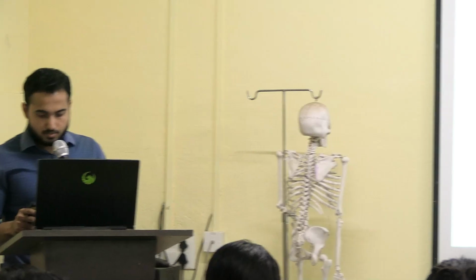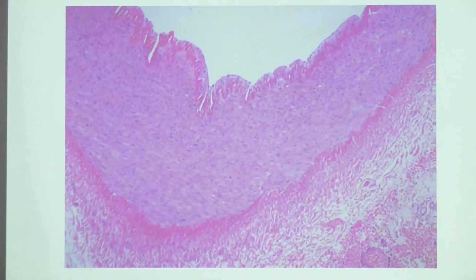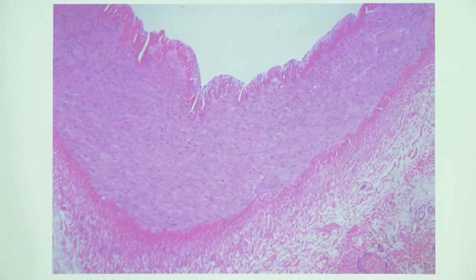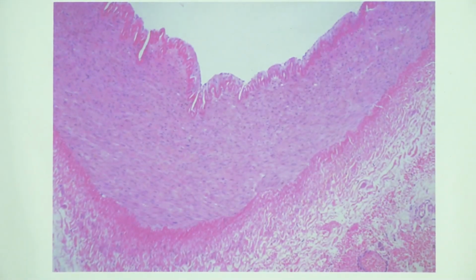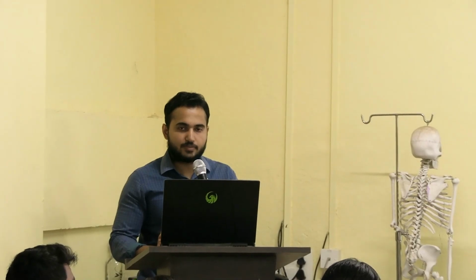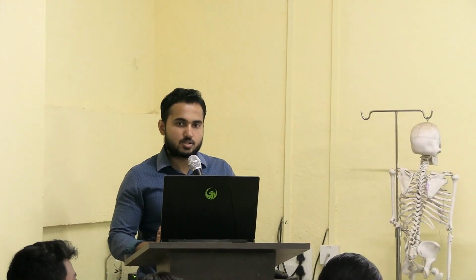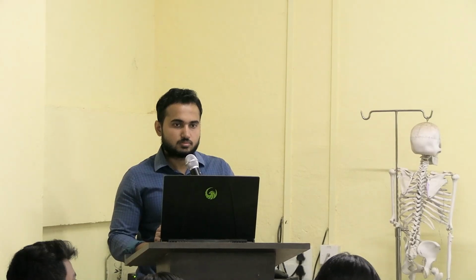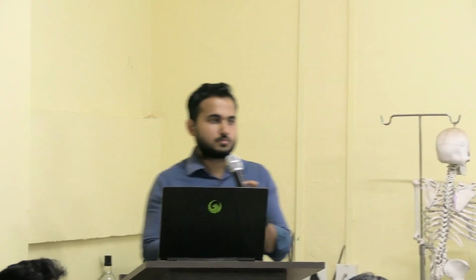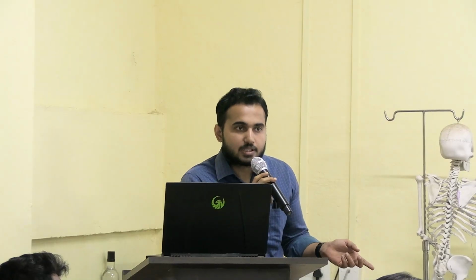Now, I have projected one histological diagram, and there is no labeling, no markings. If I ask you to identify which type of blood vessel this is, and identify the layers also, you have to practice such things.